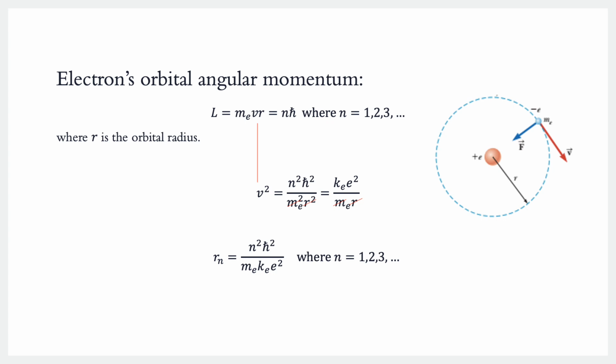Now this shows here that the radii of the allowed orbits have discrete values, meaning they are quantized. The result is based on the assumption that the electron can exist only in certain allowed orbits determined by the integer n.